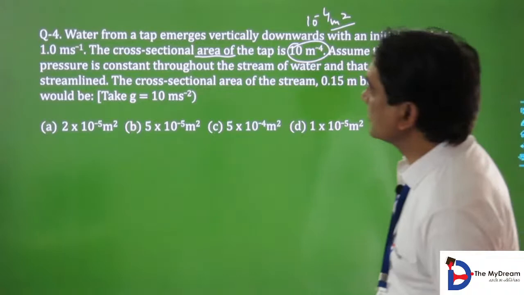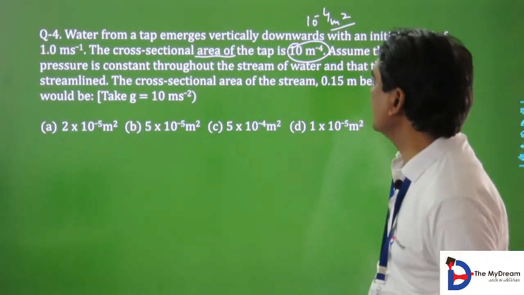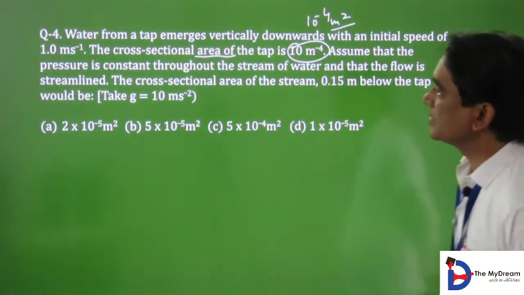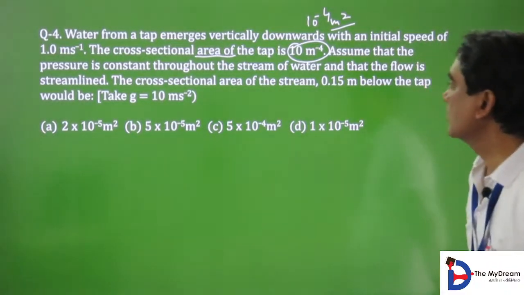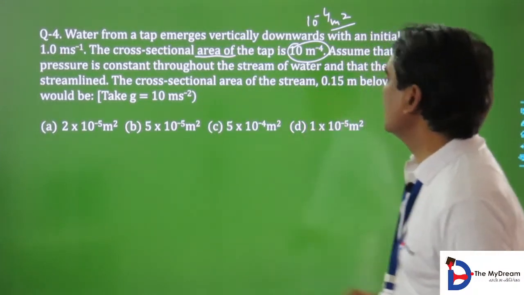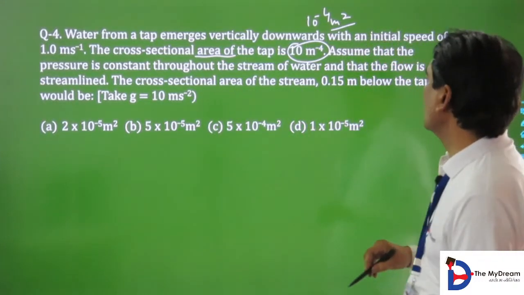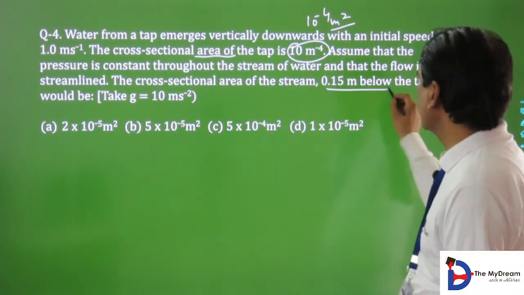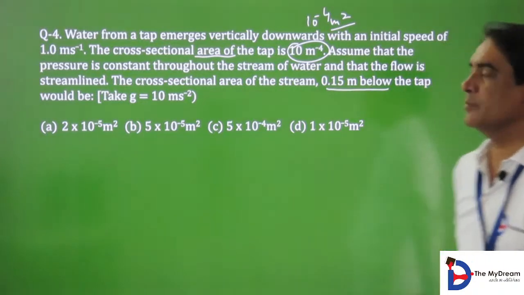Assume that the pressure is constant through the stream of water and that the flow is streamline. The cross-sectional area of the stream you want to know at a depth 0.15 meter.